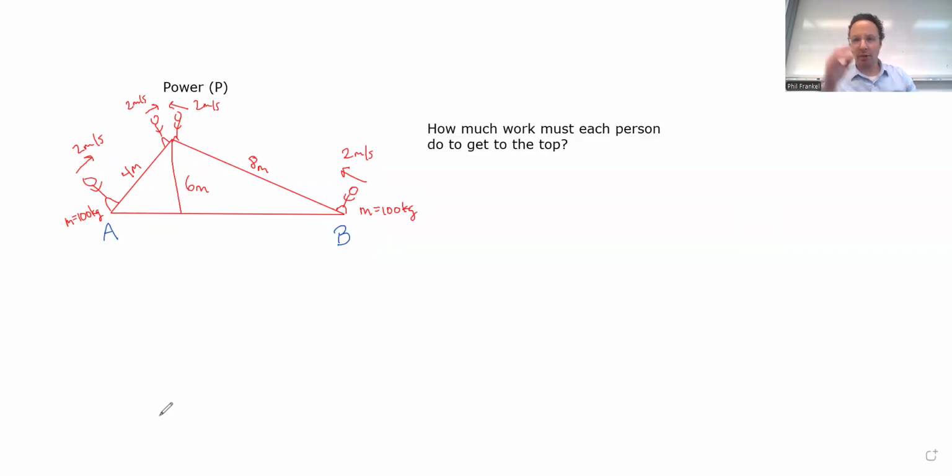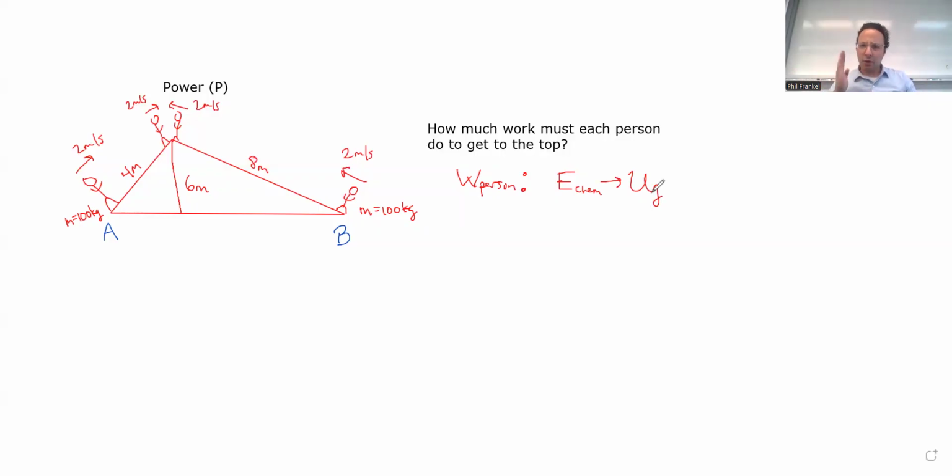You can work out the answer to this problem in that way, but a much nicer way to think about this is that the work done by either person here results in the following energy transduction. Chemical energy in the person's body goes down, and gravitational potential energy is what replaces it.